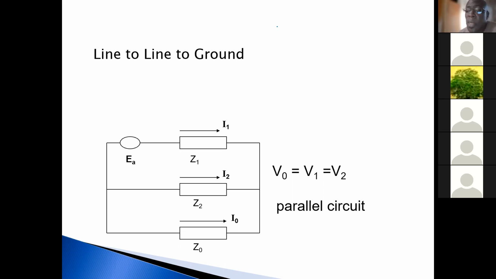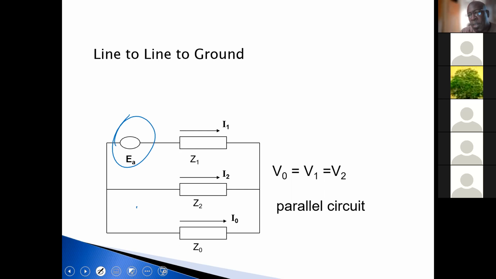Series parallel. Thank you. The networks are all connected in parallel, but we have a series parallel circuit because the only equivalent circuit that has a source is the positive sequence. You have the source here, which makes it a series parallel circuit.